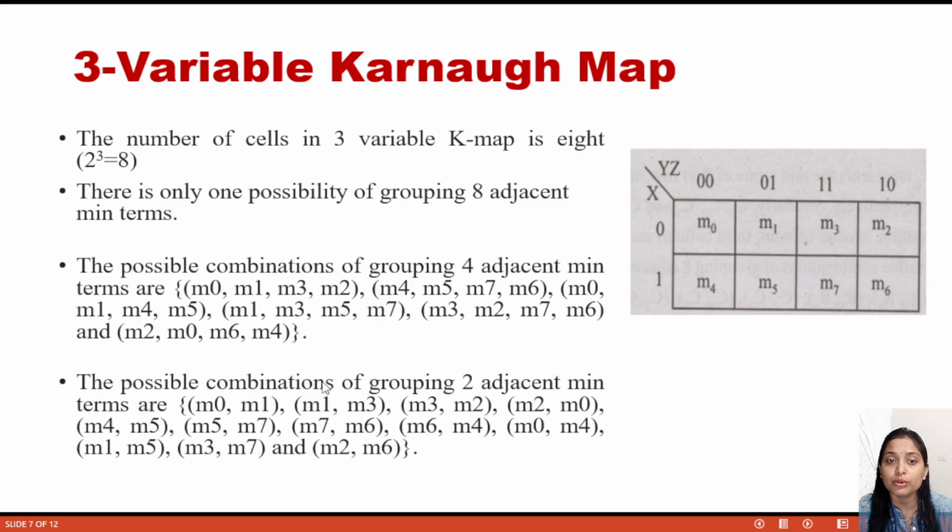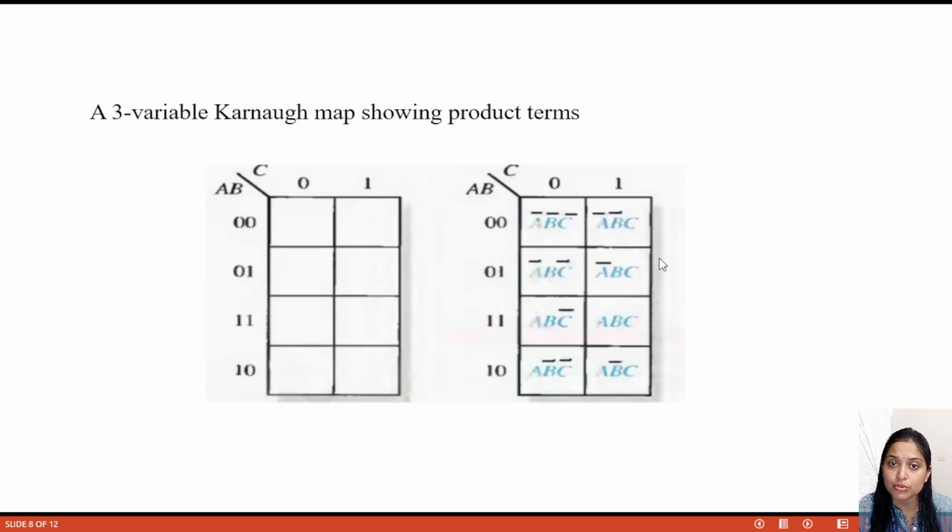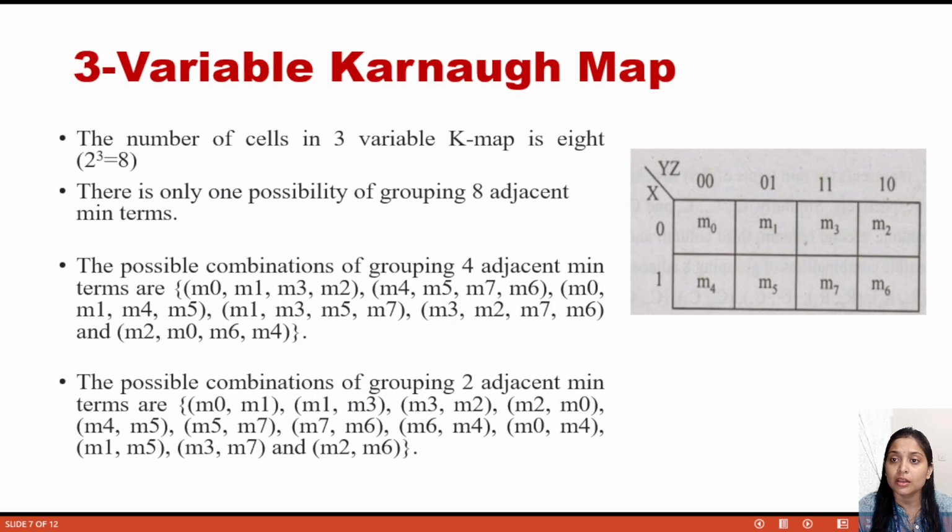Okay, so this is 3 variable, I have written here X and here YZ. You can represent the 3 variable Karnaugh map in this way and also in this way. There are 2 formations. First of all I will discuss it this way. That means X, Y, Z. X is the highest variable, Y is the second highest and Z is the last component.